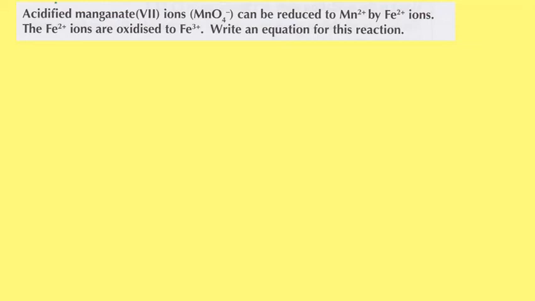So before we start, let's just write down a rule. I'm going to put it in the top corner here. There's 3 things that you can add, only 3 things. You can add water to your half equations when you want to balance the oxygen.